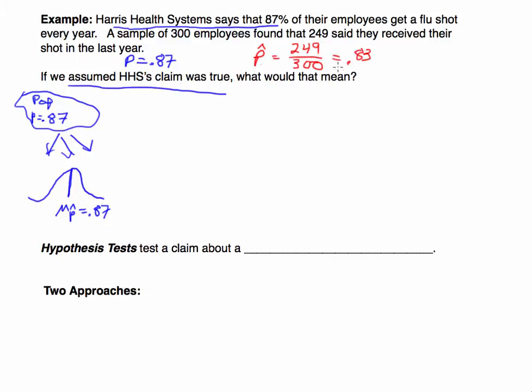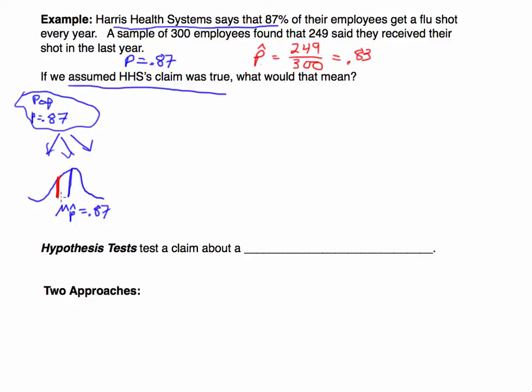Why is that going to help us? Let's assume again that the population is true. Our sampling distribution is made up of all of the possible sample proportions. We found the one associated with 0.83. So if 0.87 is in the middle, then 0.83 is going to be a little bit to the left.